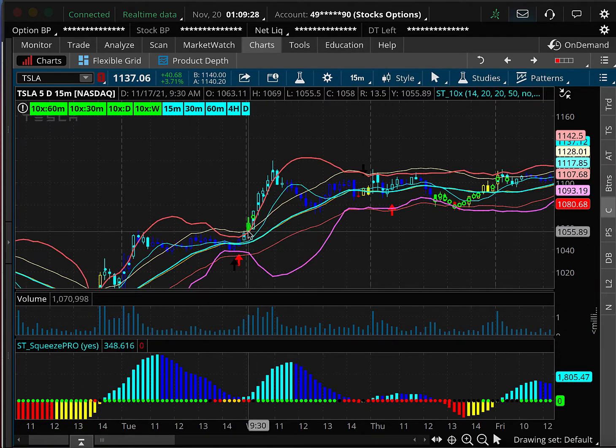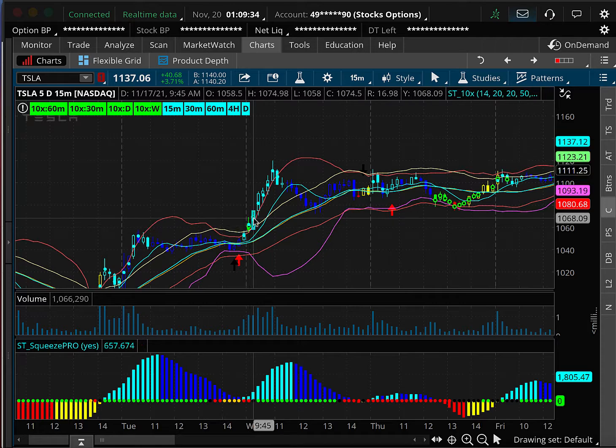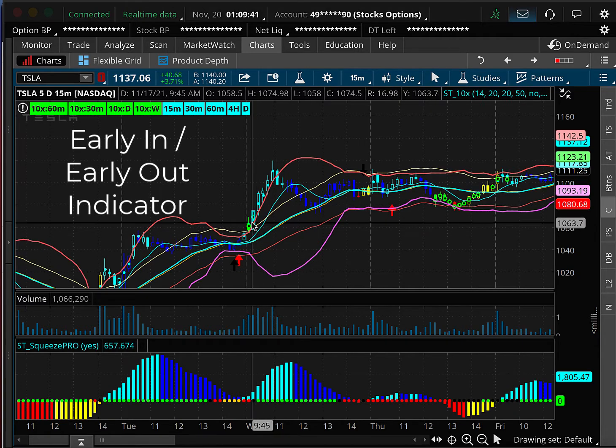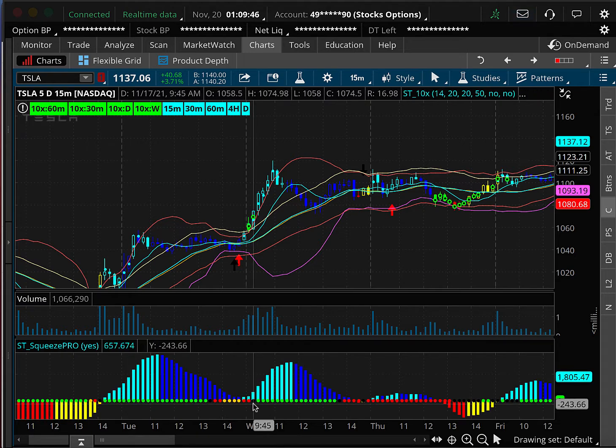One other indicator that I use, which is also a custom purchased indicator from simplertrading.com, are these little green circles on the price candles. What they're called is early in, early out, and what it indicates is when a squeeze is about to fire imminently.